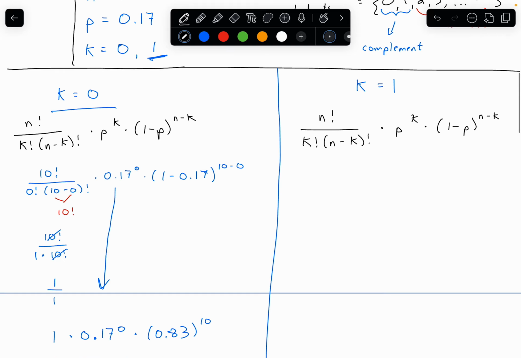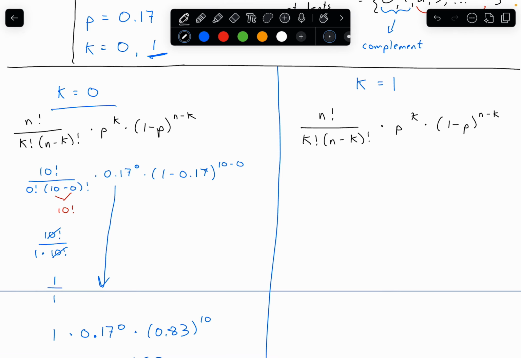So let's see, n is, we said 10, so this is 10 factorial divided by k, which is 1 factorial this time, n minus k, that is 10 minus 1 factorial, times p to the kth, that'll be 0.17 raised to the first power, times 1 minus 0.17 raised to the 10 minus 1 power.